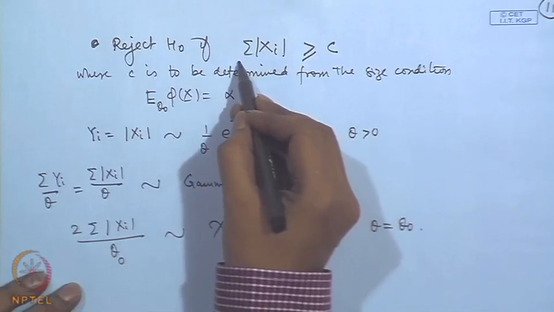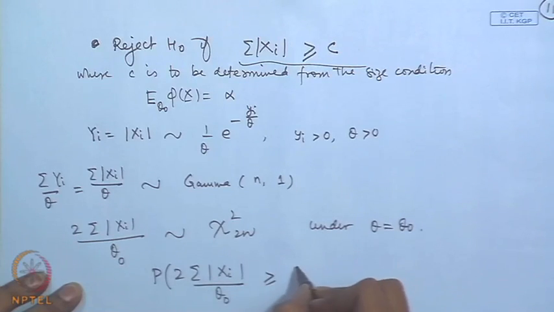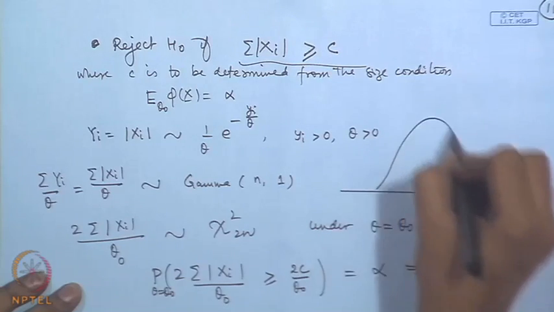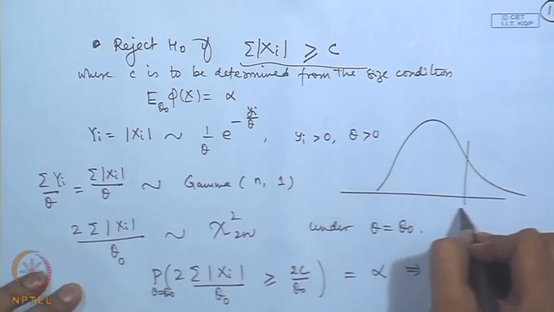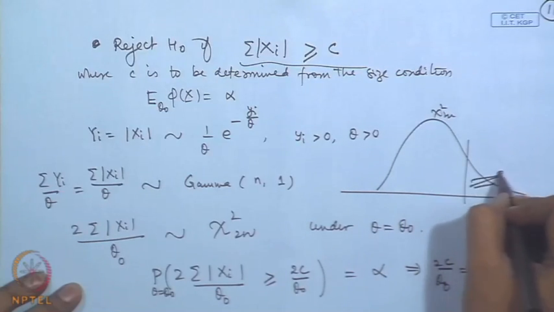So, when we consider the size condition, that is, probability of twice sigma modulus x i by theta naught greater than or equal to 2c by theta naught, this is equal to alpha when theta is equal to theta naught. This implies that 2c by theta naught should be equal to chi square 2n alpha. That means, on the chi square curve with 2n degrees of freedom, this probability is equal to alpha.